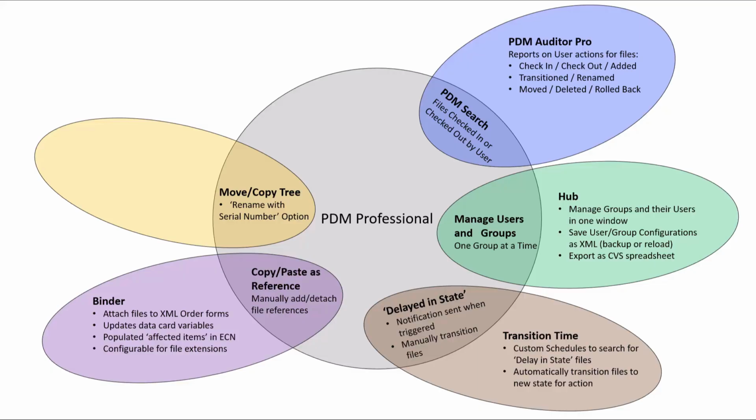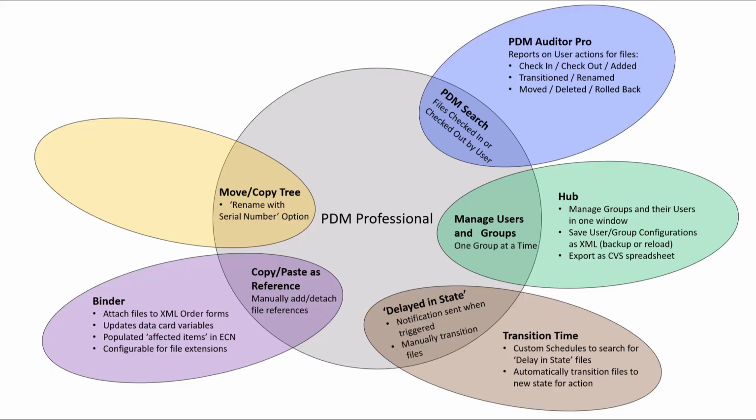If you are going into PDM Professional, thinking of upgrading or have recently upgraded and you are integrating serial numbers, a common question that I receive is, can I take my legacy data and rename those with serial numbers? And there's not a real streamlined way to do that.